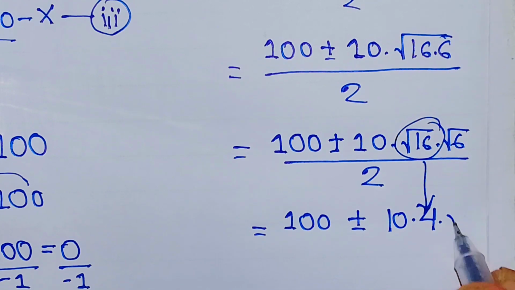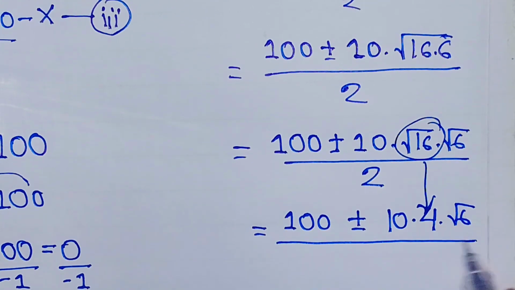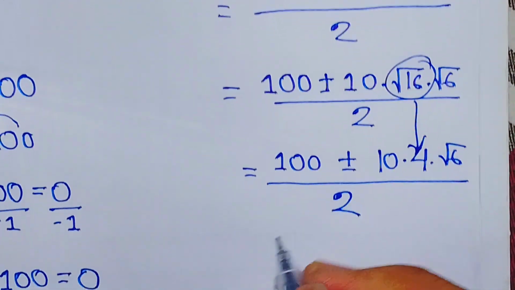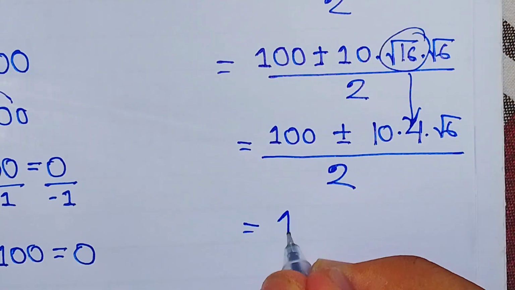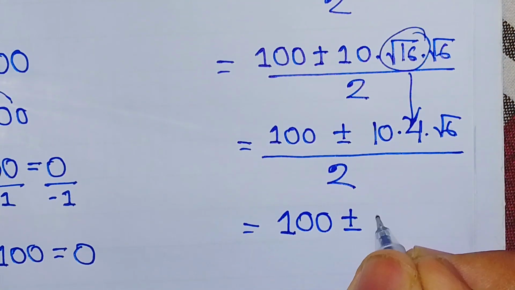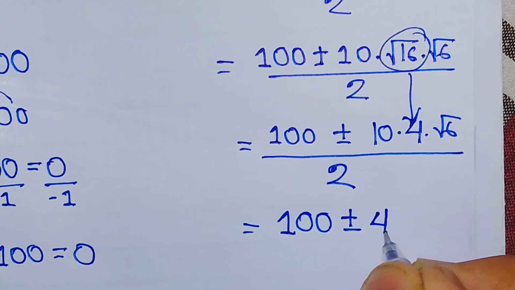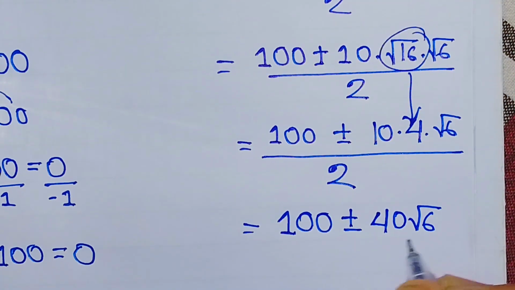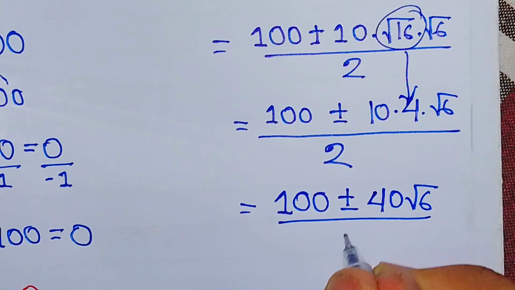This times root over 6 divided by 2. So after that I can write 100 plus minus 40 times root over 6 divided by 2.